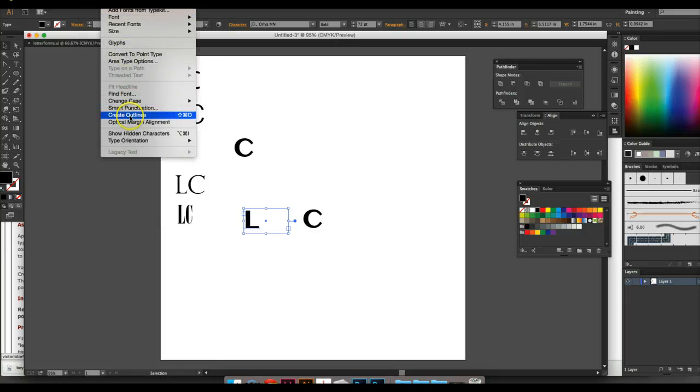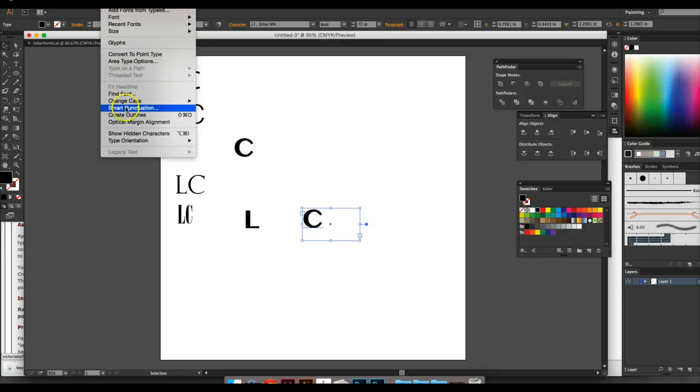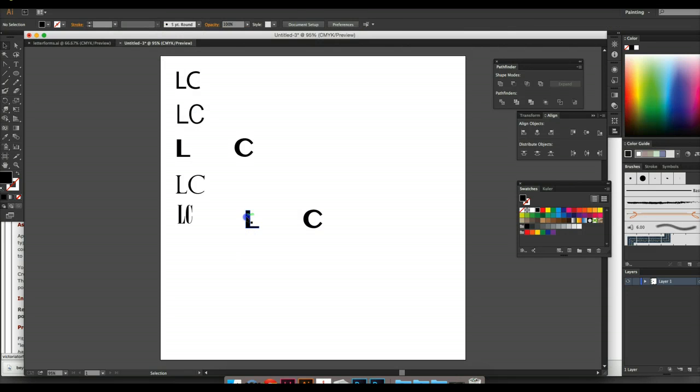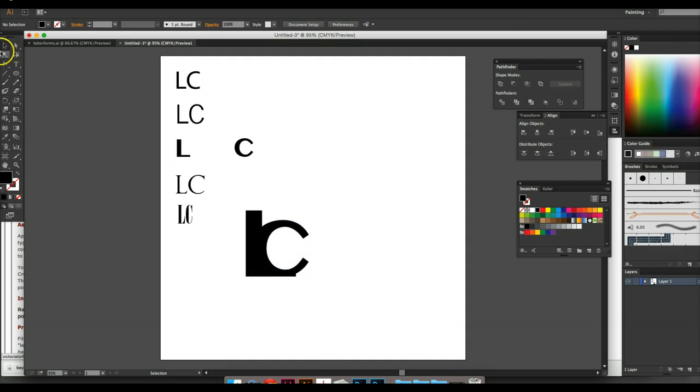Okay, so now they're vector graphics. So now you can play around with them in different ways. So that already is looking kind of interesting, right? We're already just messing around with how these can look, playing with scale, proportion.